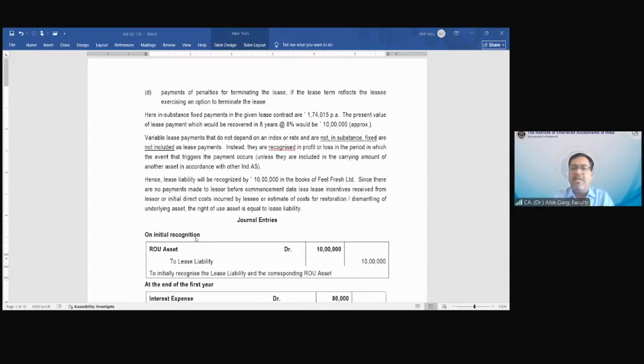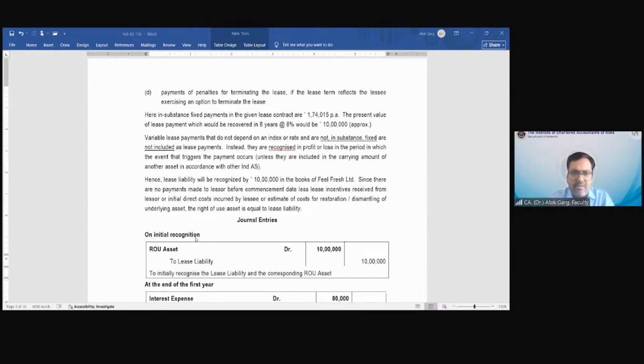What is my opening balance? 10 lakh. How much will the interest cost be? Multiply by 8%. What is my payment? My payment is 174,015. What is my closing balance? Is that okay? It's not visible, sir.